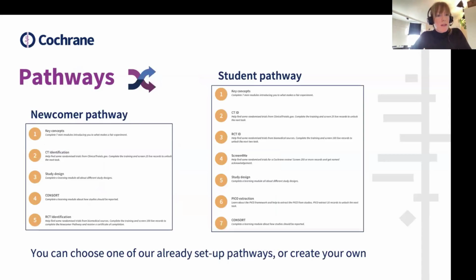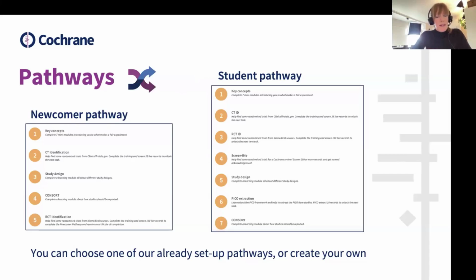And then, of course, pathways. So as I said, you can set your students to do a single task or a single bit of micro learning, but with a pathway, you can set them to do a whole series of tasks or activities, which we've put together. And we have two pre-planned set up pathways, one called the newcomer pathway and one called the student pathway.